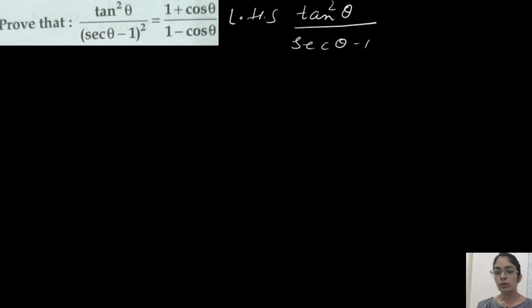Okay, shall we do this question by using the right hand side? See, although we can do both the sides, let's try this question by using the right hand side. Shall we do this question using the right hand side, or should we proceed the same way?